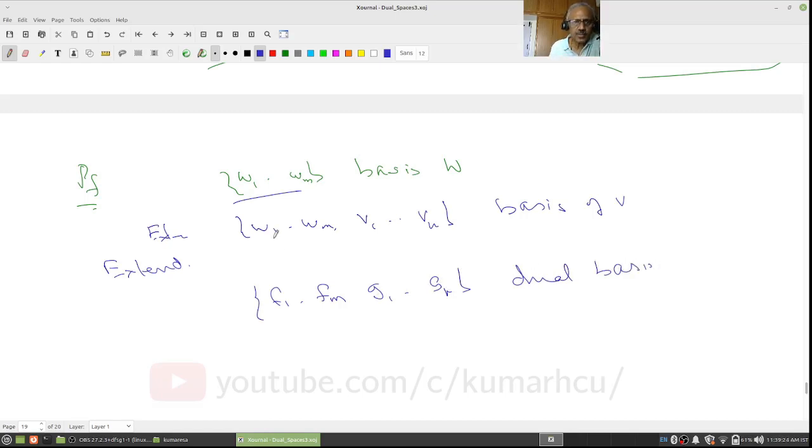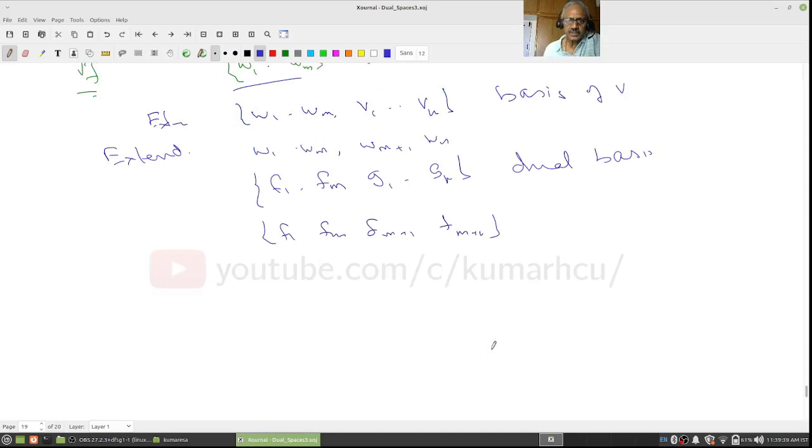If you want, you can write W1 to Wm, Wm plus 1 to Wn, then this will be F1 to Fn, Fm plus 1 to Fm plus k. You understand this? I am just writing separately.